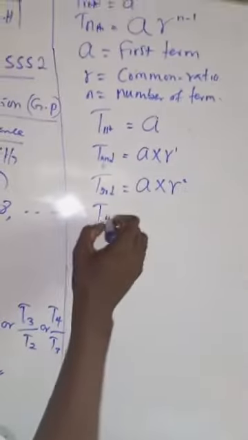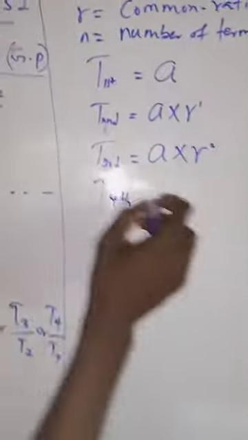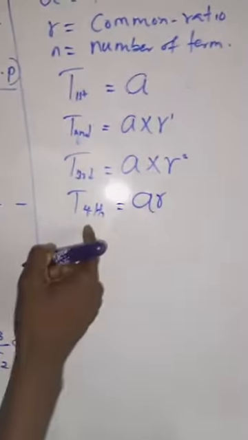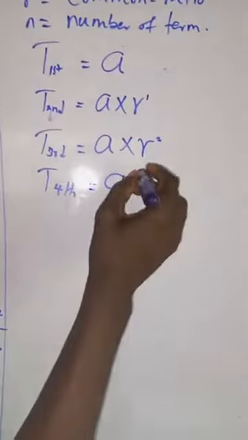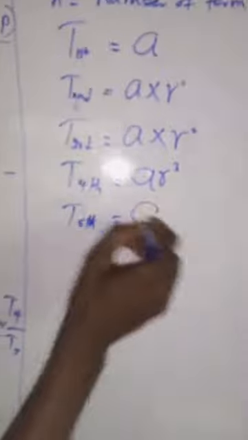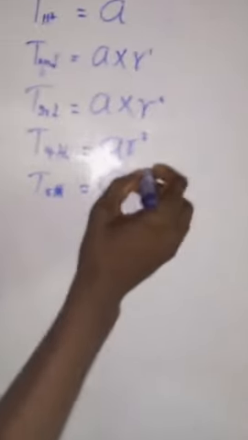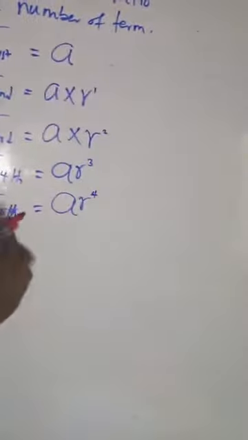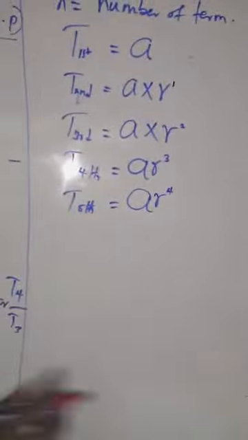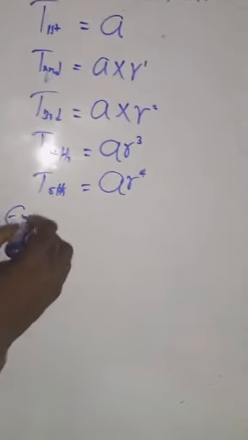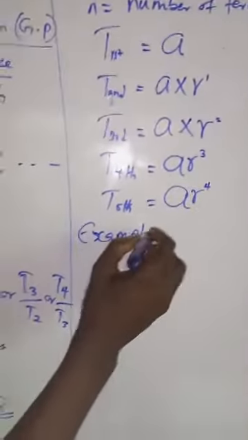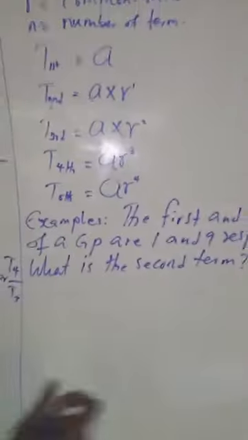For the fourth term, r is raised to power 3. For the fifth term, I'm giving you this in case of objective, A r raised to power 4. The power is just reduced by 1. Anyway, let's look at some examples. Let's go through this.